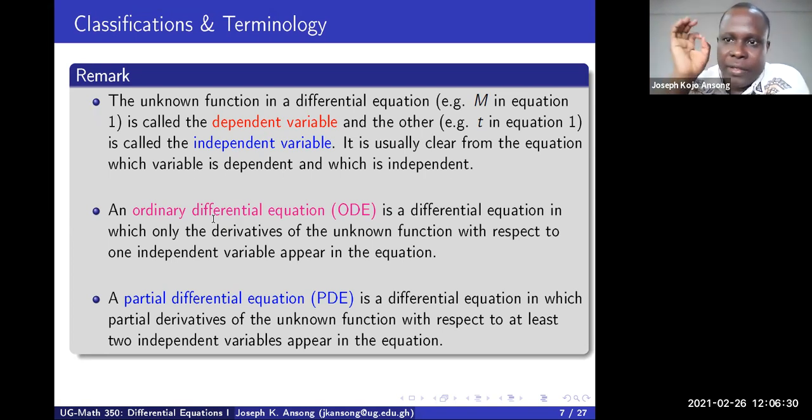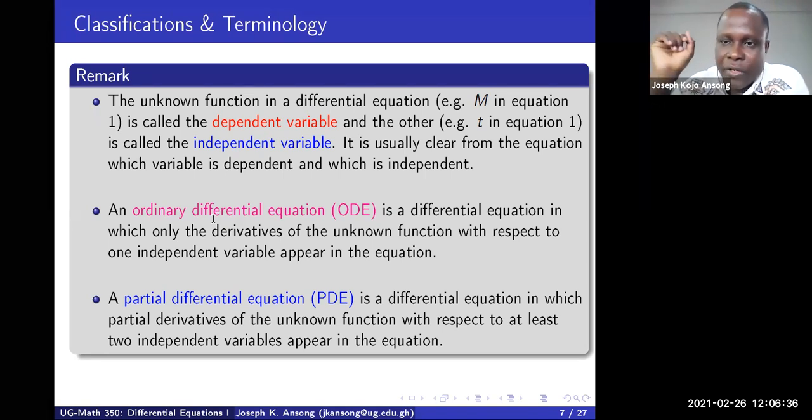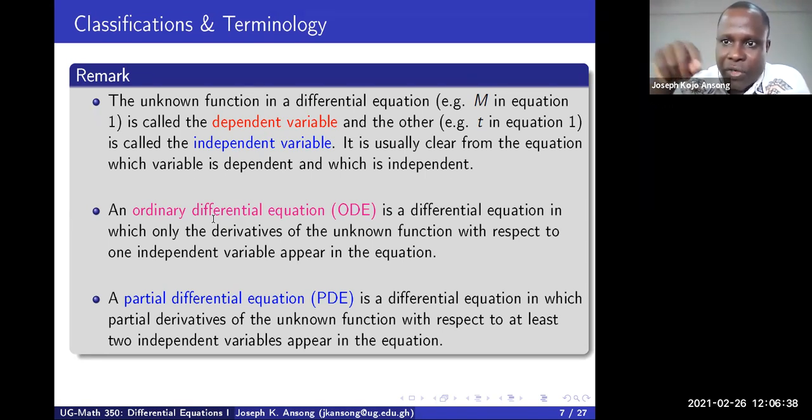So if I'm finding only dm/dt and there is no dm/dx or dm/dy in the equation, so I'm finding how m is changing with respect to only one variable, say t, then I have an ordinary differential equation. Otherwise, if I'm finding how the unknown function is changing with respect to at least two independent variables, then the equation becomes a partial differential equation, or PDE.